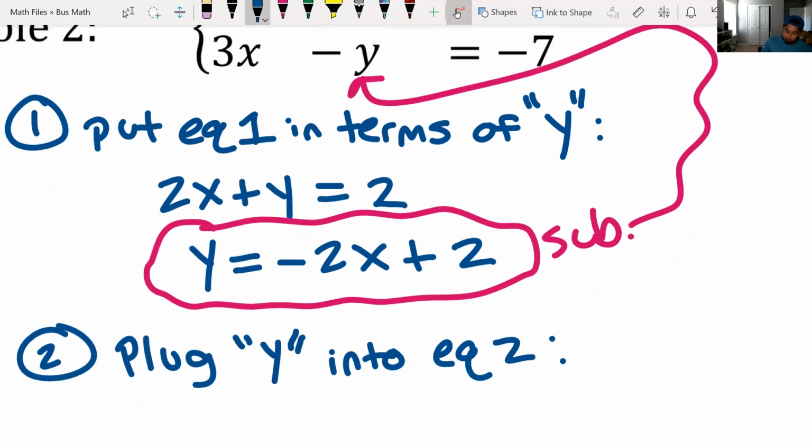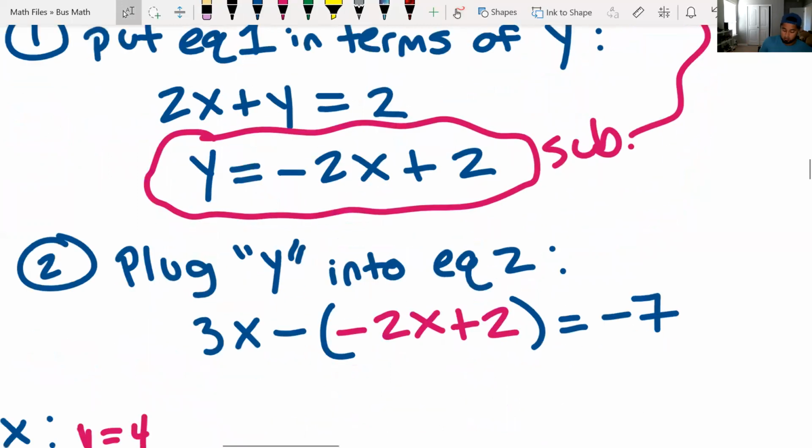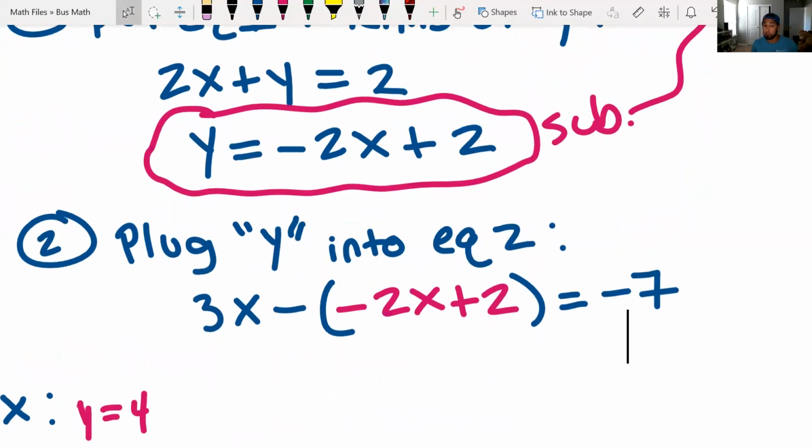Equation 2 is 3x minus parentheses, because now we're plugging in for y, negative 2x plus 2 equal to negative 7. So we have just plugged y into equation 2. And now solve for x.